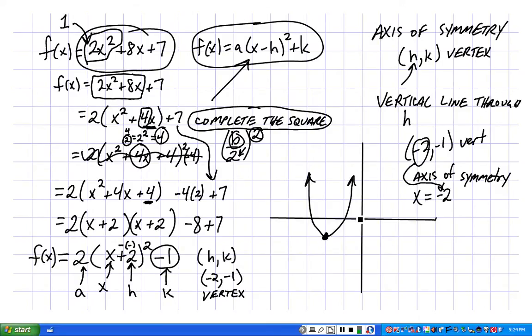So the vertical line of x equals negative 2. So this line would be considered our axis of symmetry. Alright, it's the line that the U would pivot around, the parabola would reflect around. Okay, that's our axis. Alright, got it? Let's look at another example.